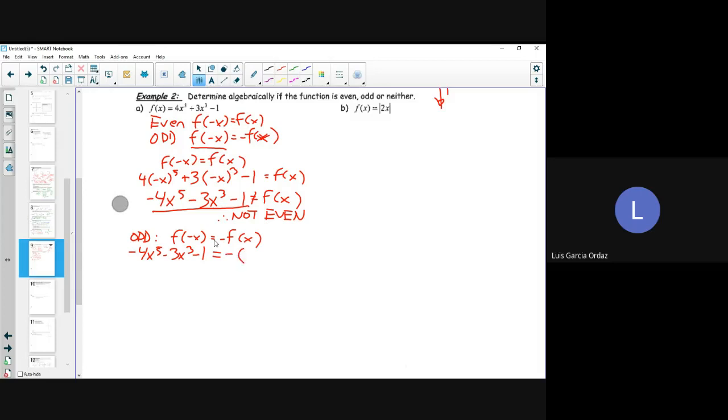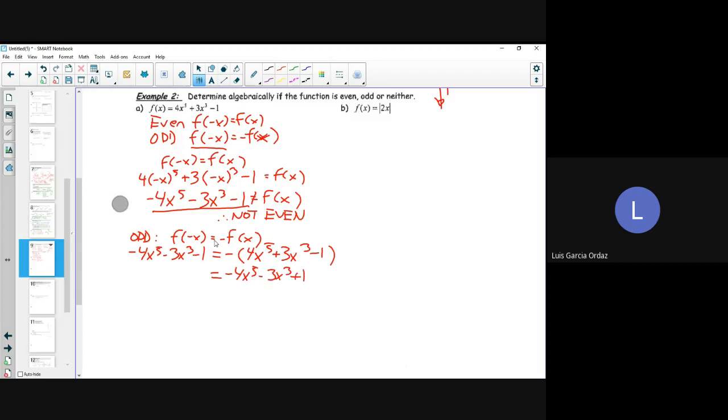So negative times our original function, 4x to the 5 plus 3x cubed minus 1, okay? Who can tell me what that simplifies to once I distribute the negative into the bracket? Yeah, Joseph? Okay, so negative 4x to the 5 minus 3x cubed plus 1.